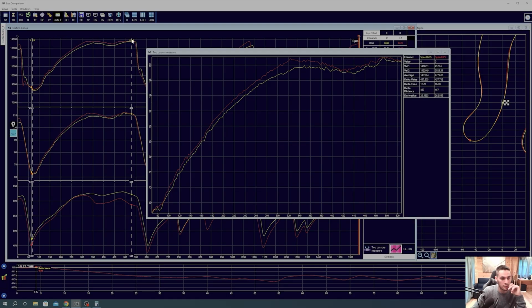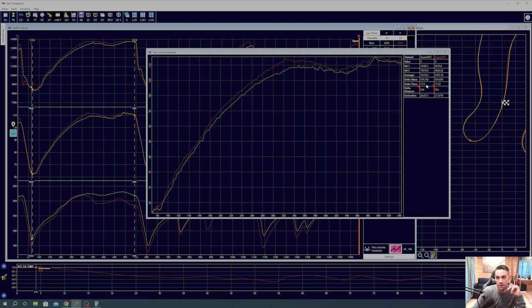Right there and here, you can see it's about 17.8 seconds, pretty close to what we calculated. That is the total time that the yellow, without the slipstream, is taking to make this straight. It's 474 meters, by the way.